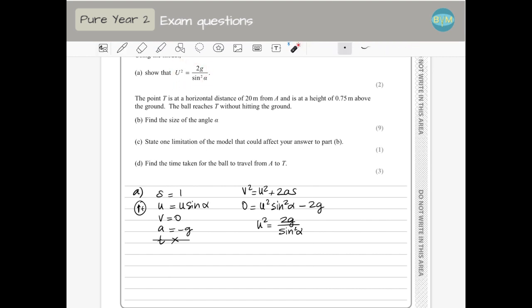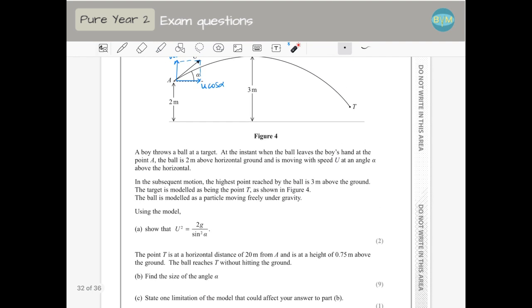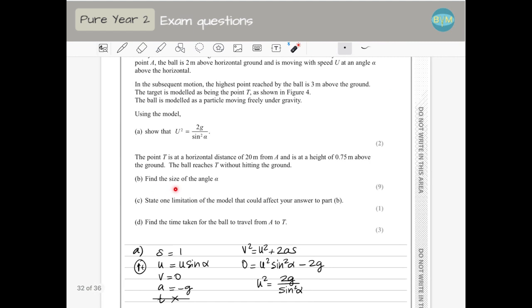So that's part A. Then the point T is a horizontal distance of 20 meters from A and 0.75 meters above the ground. So this horizontal distance is 20 meters, and the vertical height is 0.75 meters. Part B: the ball reaches T without hitting the ground, so find the size of angle alpha.